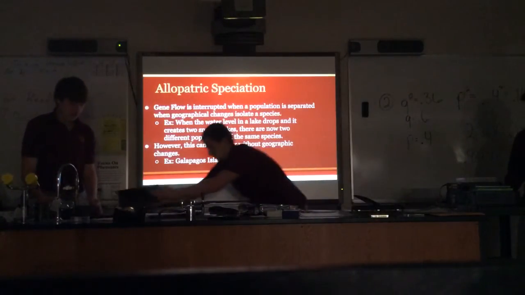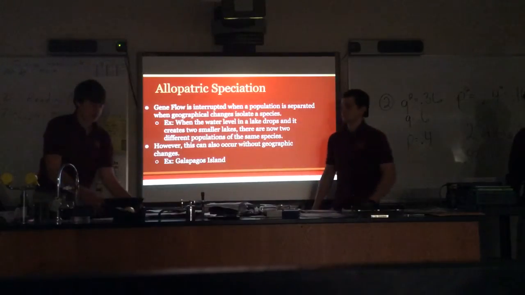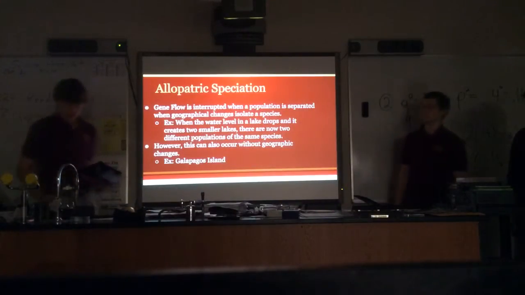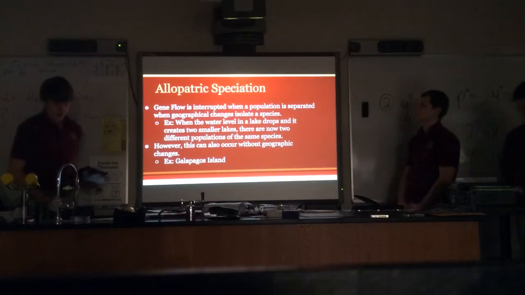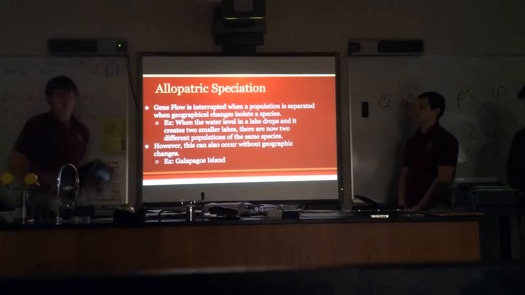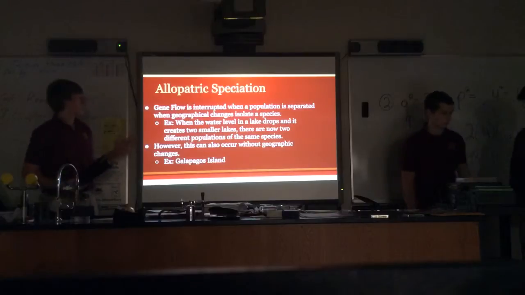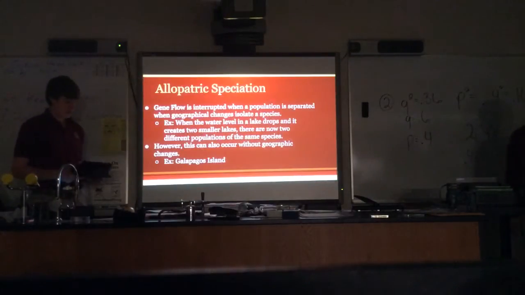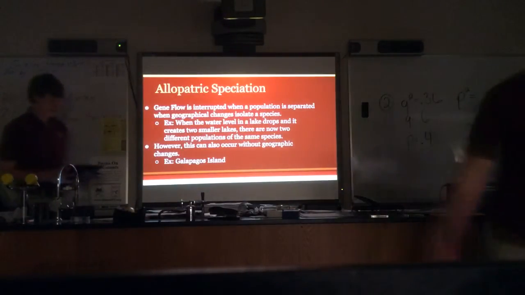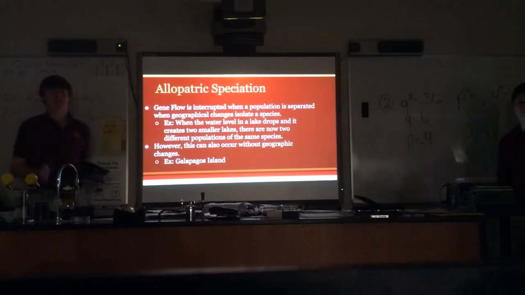Okay, so now we have the process of allopatric speciation. And if we recall, just remember that gene flow is the transfer of alleles from one population to another. And allopatric speciation occurs when gene flow is interrupted, when a population is separated, when geographical changes occur.